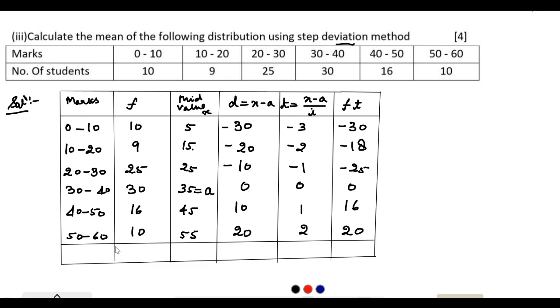Now we have to calculate summation f and summation ft. Summation f is 100 and summation ft is minus 37.